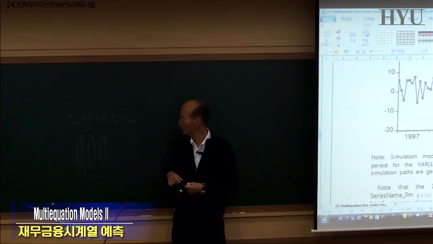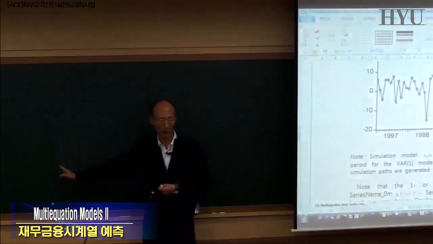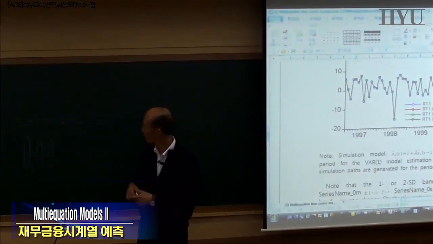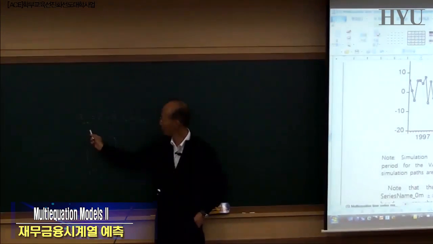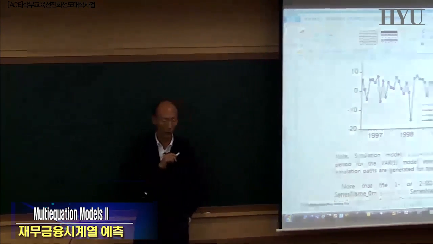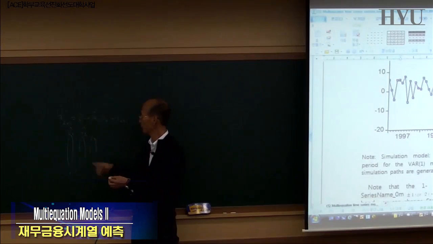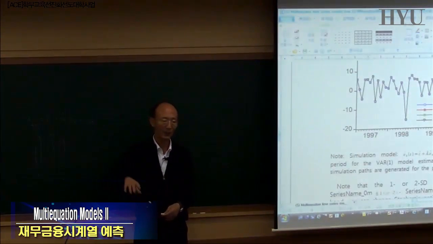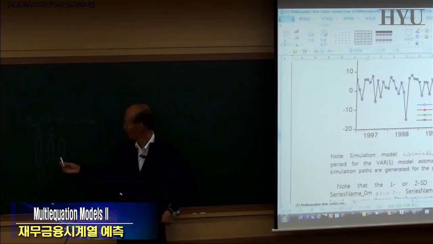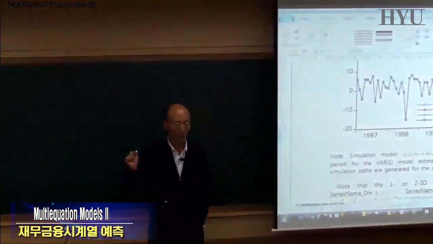Instead, what you do is draw this whole vector in a random fashion. Can you guess why we do that? This is the error vector at time period 1, the error vector at time 2, and so on. Why not just put all those numbers in a single urn and draw numbers? Instead, why do we draw this as a vector? Can you guess?